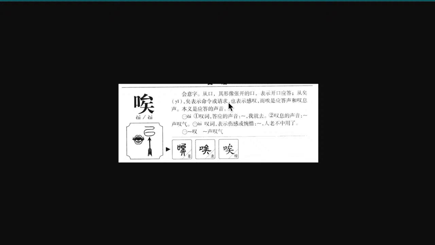Also, it's a modal character, an interjection kind of thing, added at the end of a phrase or the end of a sentence to express certain emotions, agreement, acknowledgement, things like that. Okay, so this is 唉.